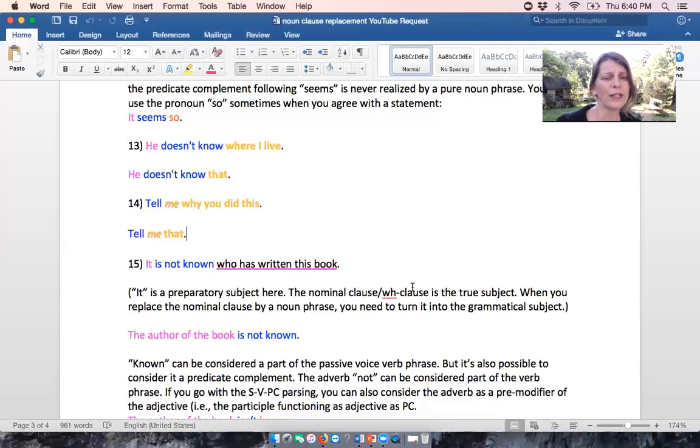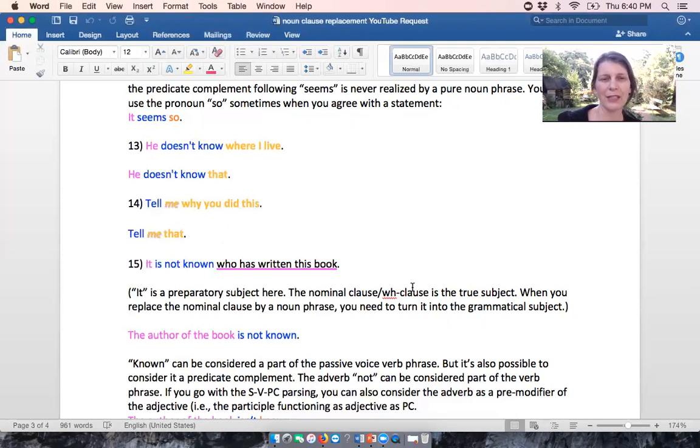It is not known who has written this book. Here, this is interesting. We have a preparatory subject, but then who has written the book is really the true subject, which is simply placed in final position. It's not used as a modifier.